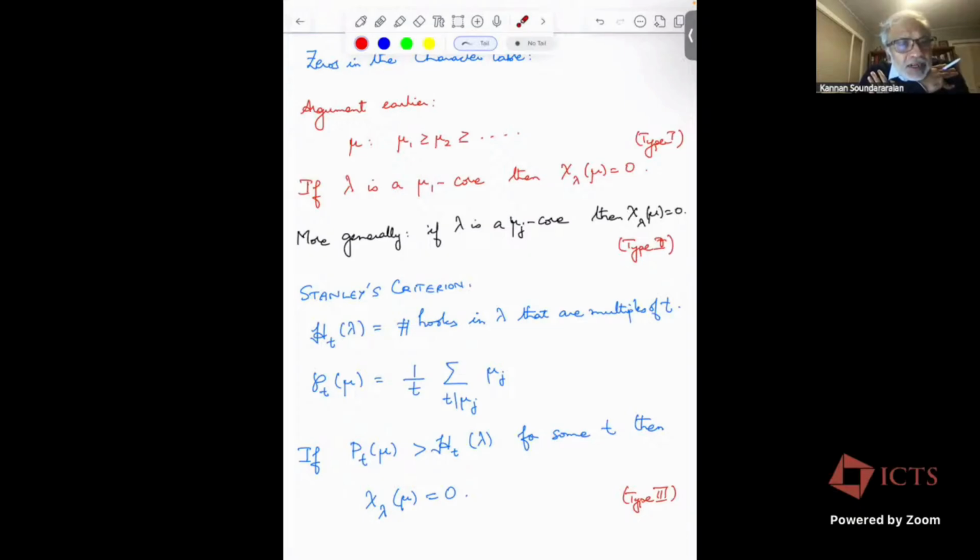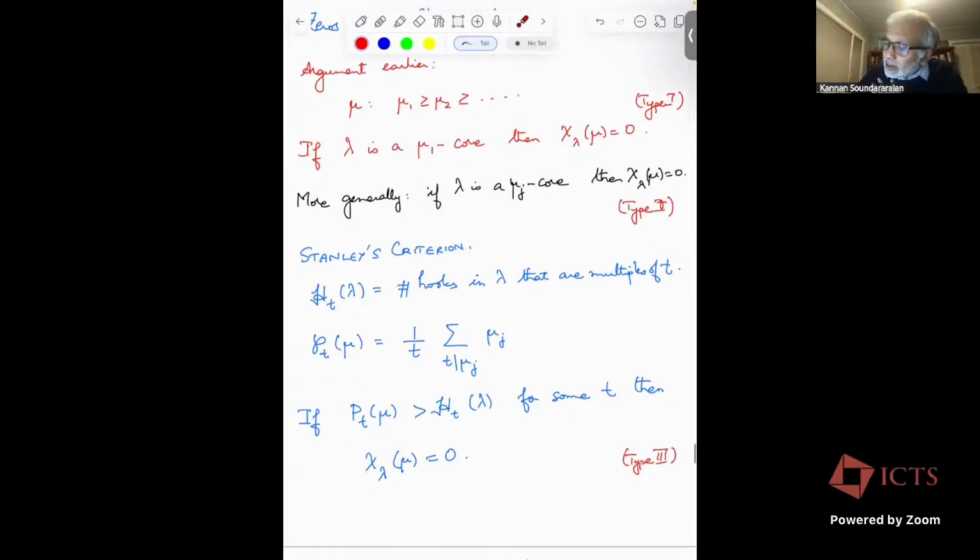Stanley's criterion is that in your partition lambda, you look at all the hooks that are multiples of t. If it's a t-core, then the number of hooks that are equal to t, and the number of hooks that are multiples of t, will both be equal to 0. And Stanley's criterion is that on the one hand, you compute the number of hooks that are multiples of t in lambda.